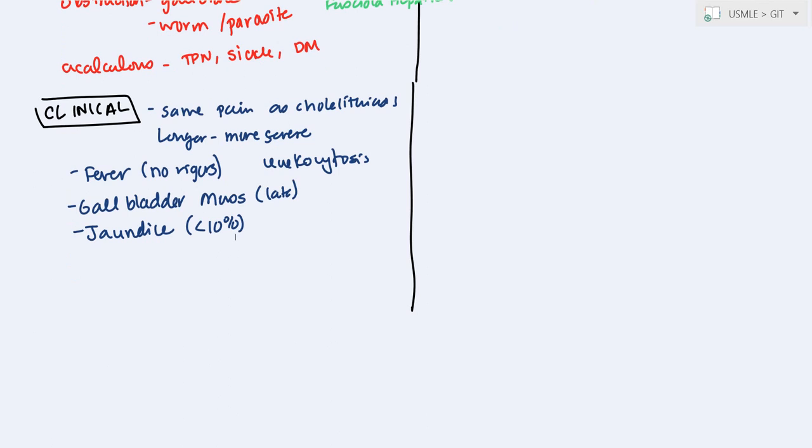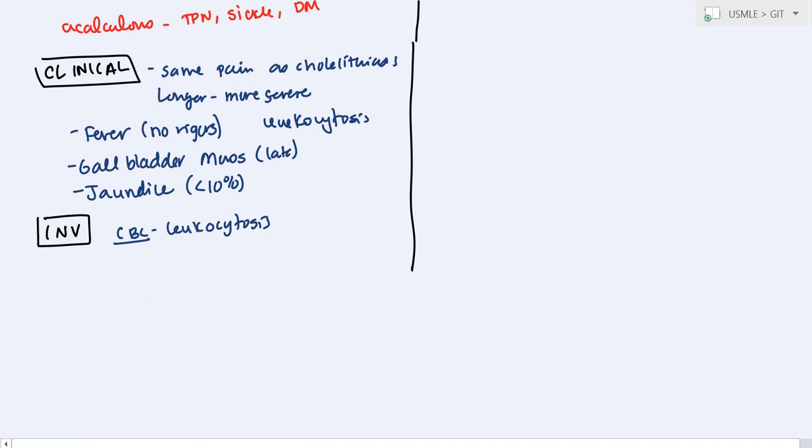Okay, what type of investigations would you run here? Well, if you do CBC, of course you're going to see the leukocytosis that I mentioned earlier. You'd also want to do amylase, and this is because the pancreas can get involved, but only greater than 1,000 international units is significant.